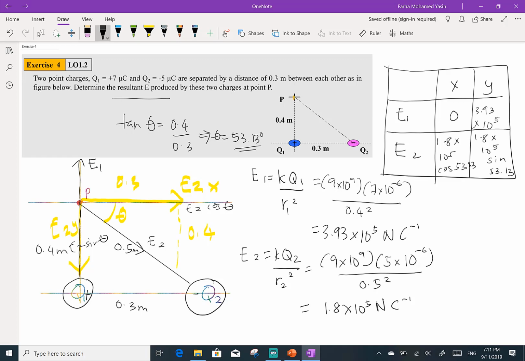But don't forget to put the negative sign here sebab E2Y is directed downward.